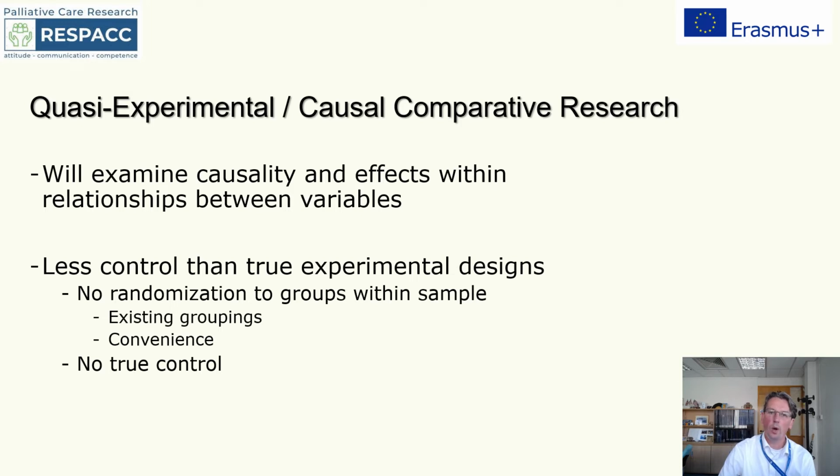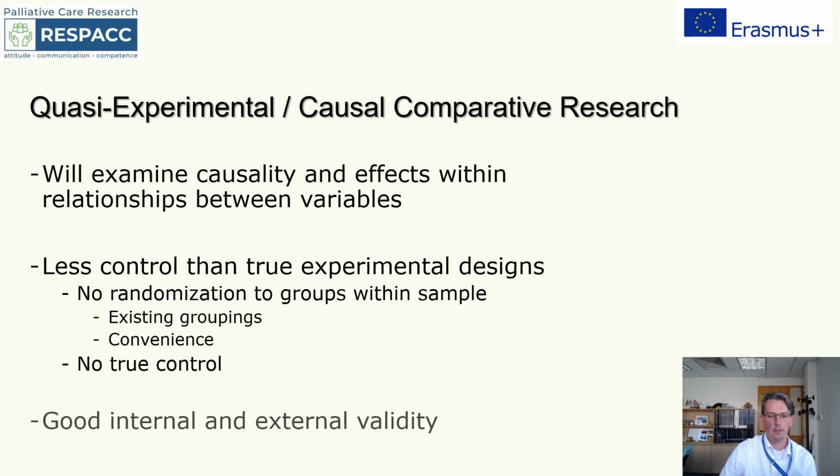For example, you may not be able to have a true control group, or it may not be practical to randomize your sample. So that's one of the things that quasi-experimental studies have: they don't have a true control group, and there is less manipulation of the variables.